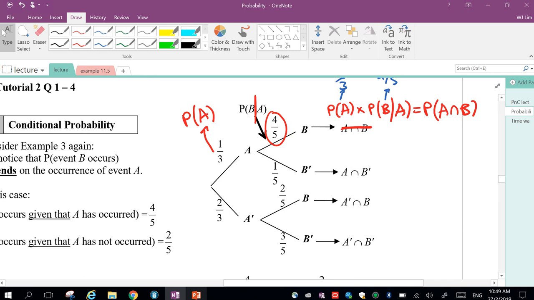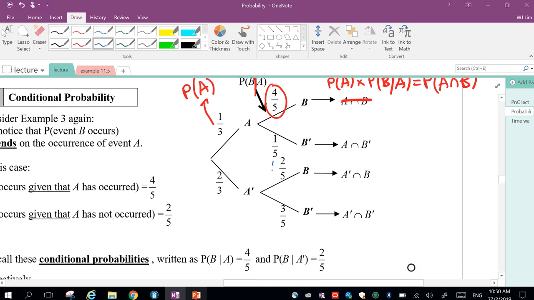Clear about that? This is a new concept, called conditional probability. What about the 2/5 here? I just circled it. This refers to the probability of B happening given, vertical line, A prime has happened.